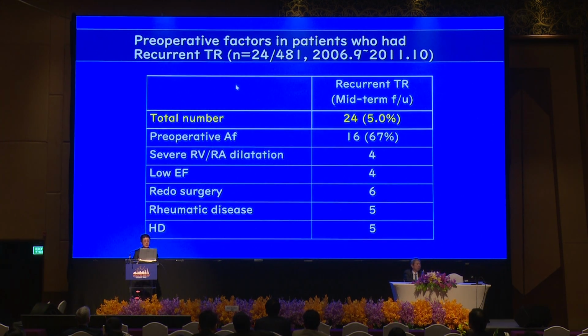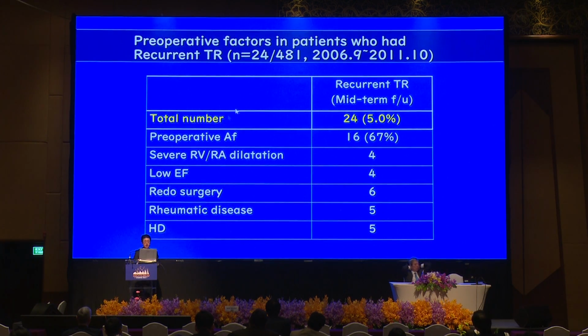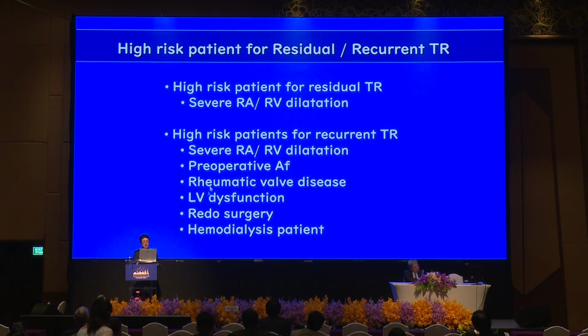We looked at the preoperative factors in patients who had recurrent TR, and we found the risk factors for recurrent TR, including preoperative AF, severe RA or RV dilatation, low ejection fraction, redo surgery, rheumatic disease, and hemodialysis.